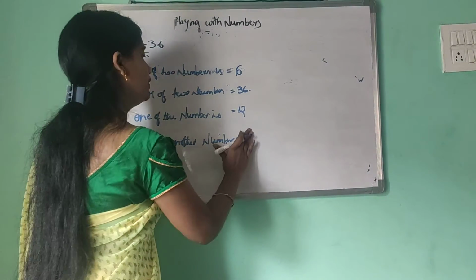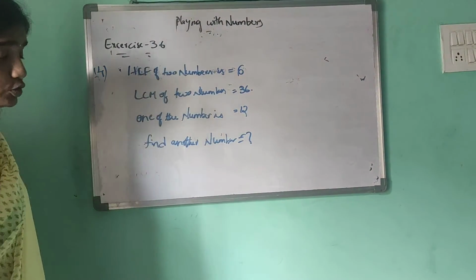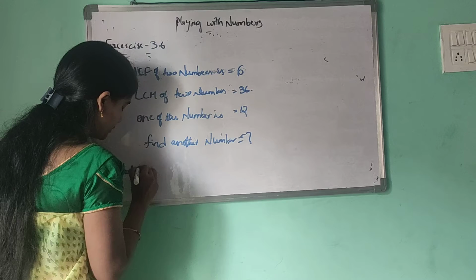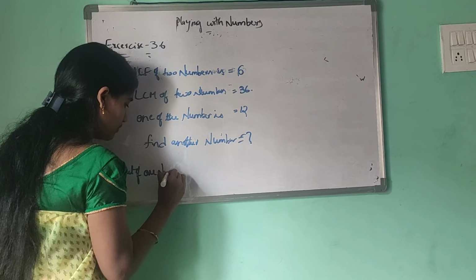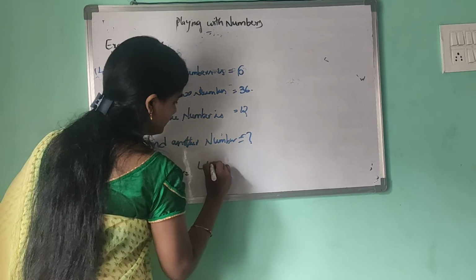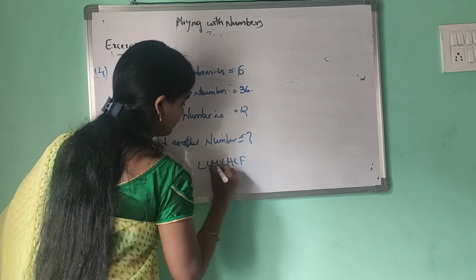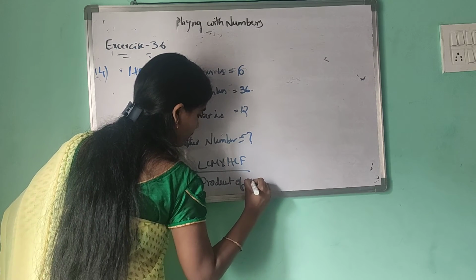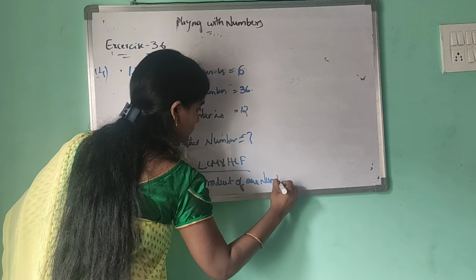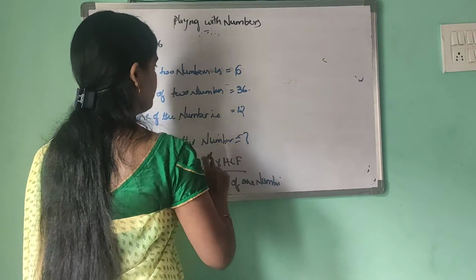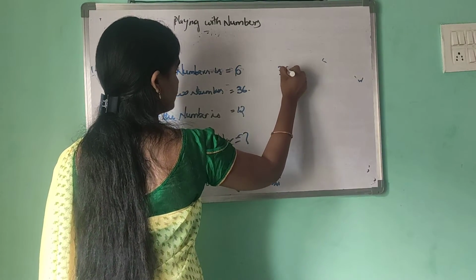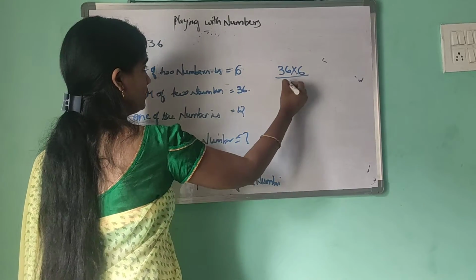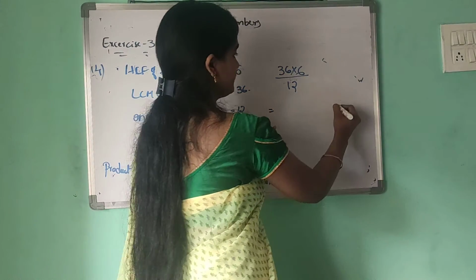So we already know the formula. The other number equals LCM into HCF by the one number. So LCM value 36 into HCF value 6 by the one number, 12. So 36 into 6.